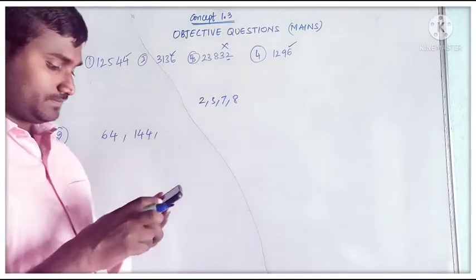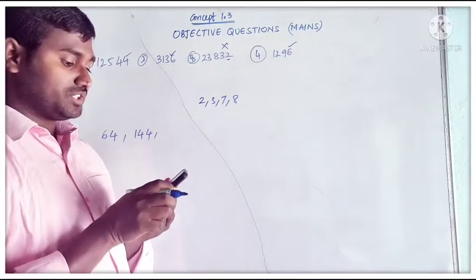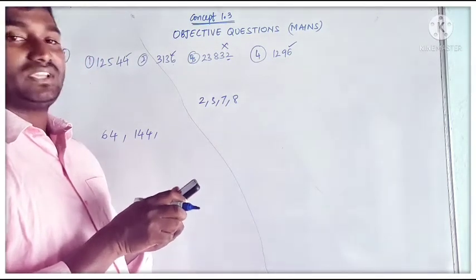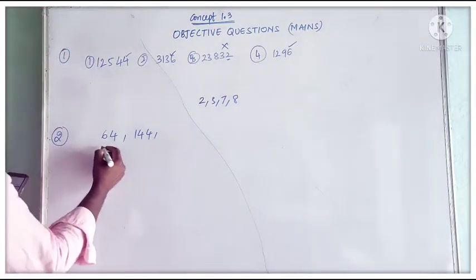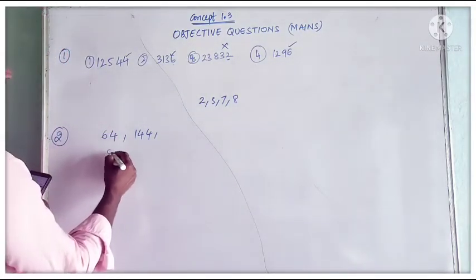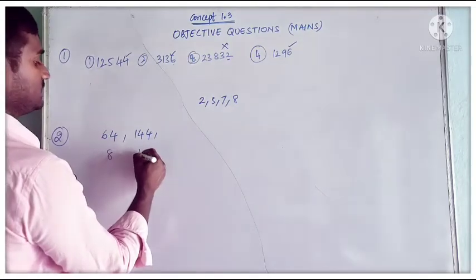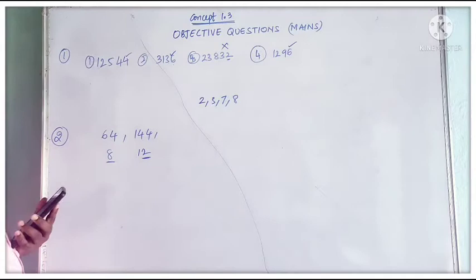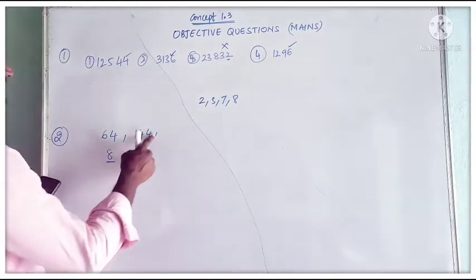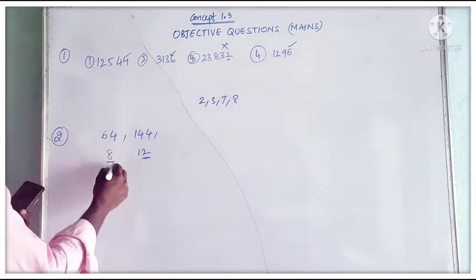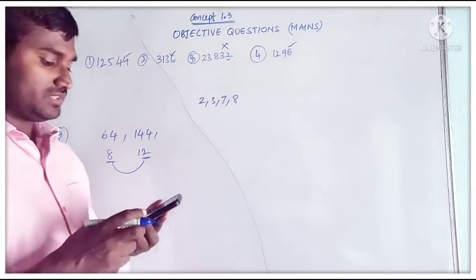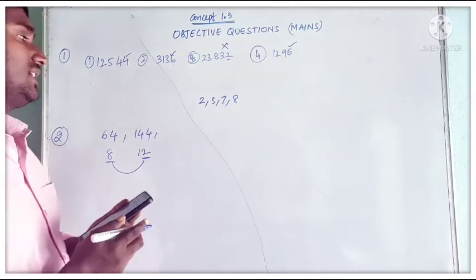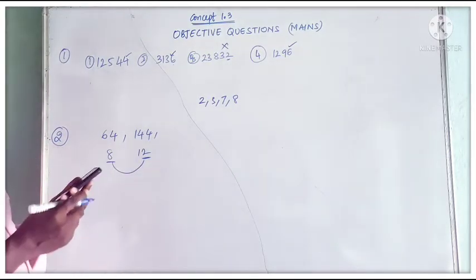The square root of 64 is 8. The square root of 144 is 12. Here the units digit is 2, here the units digit is 8, here the units digit is 2. So it may be 2, it may be 8. Option 3 is the correct option for that, either 1 or 2.